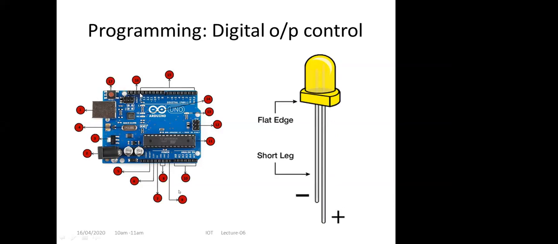So what I did in yesterday's experiment, I connected this negative leg to ground, because I have chosen pin 13. Why? 13 and ground are side by side, and we always know that we need to connect negative to ground and positive to supply. And how does it get supply? In yesterday's programming we have seen, on the 13th pin, for 1000 milliseconds we'll be writing high.